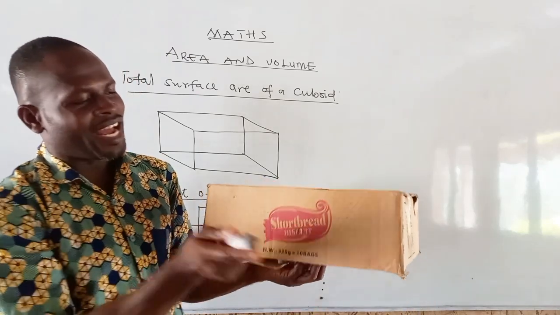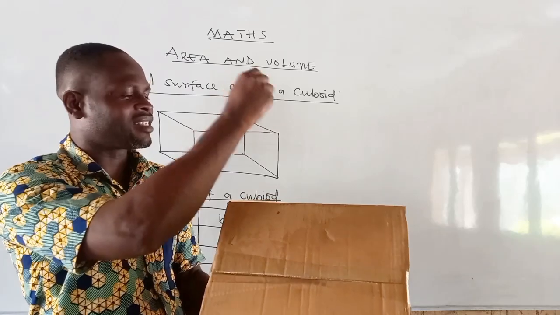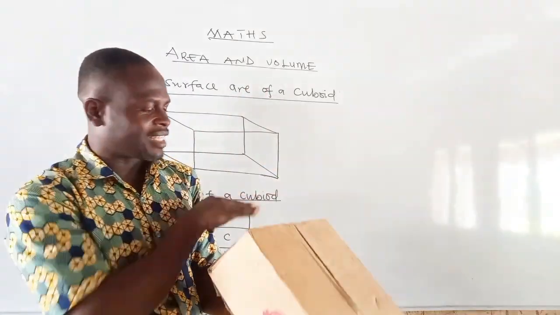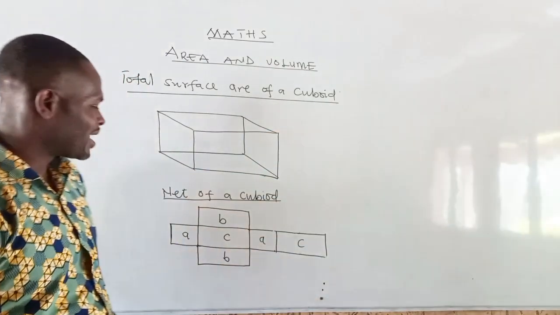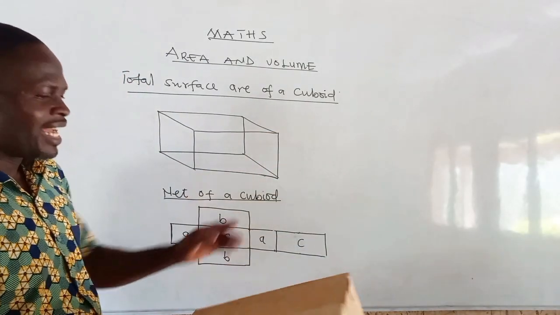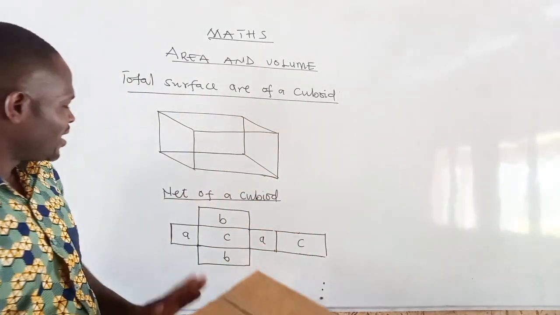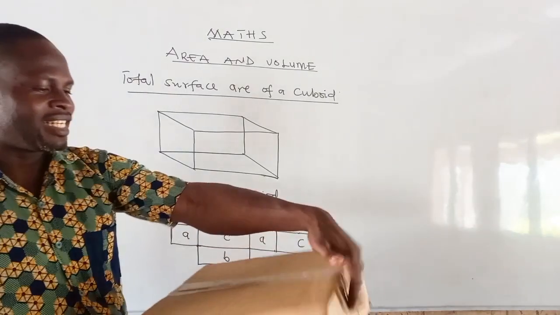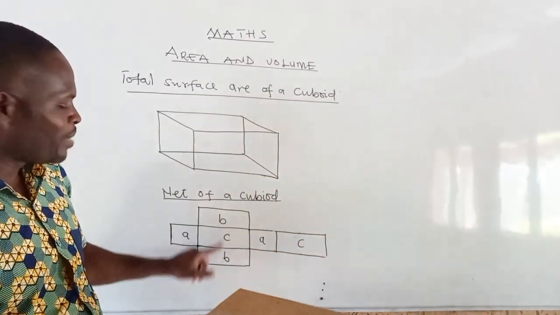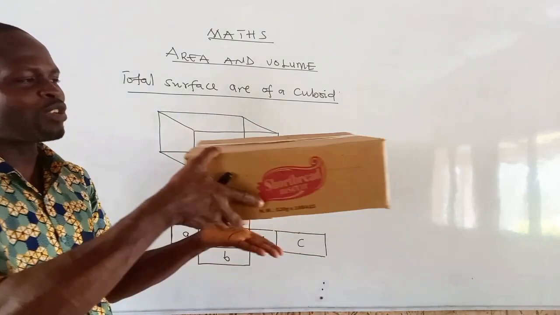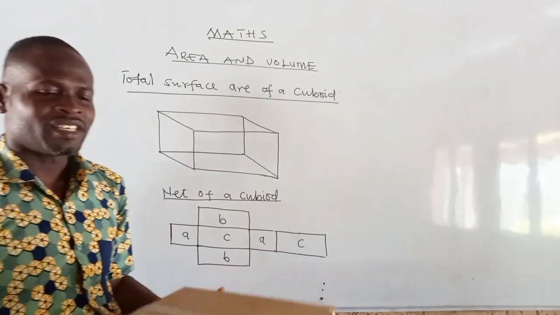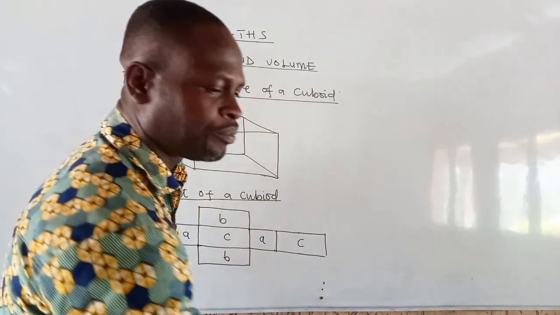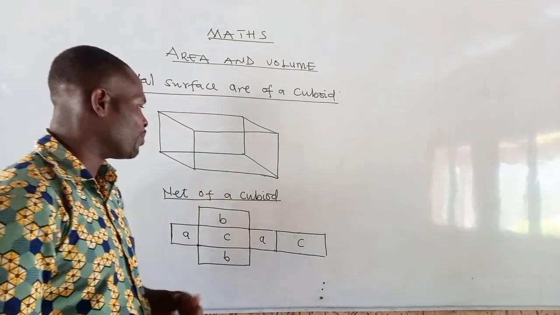The same way, the area here will be the same as the area at that end also. So looking at this, we can say that this side will be our A, so the A and A. This is the B, and this is also B, as well as the C and C, they are also the same.